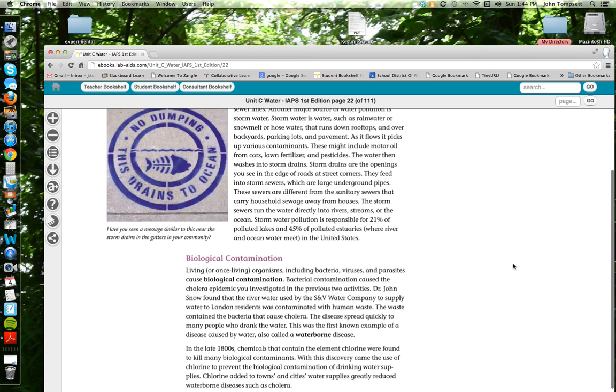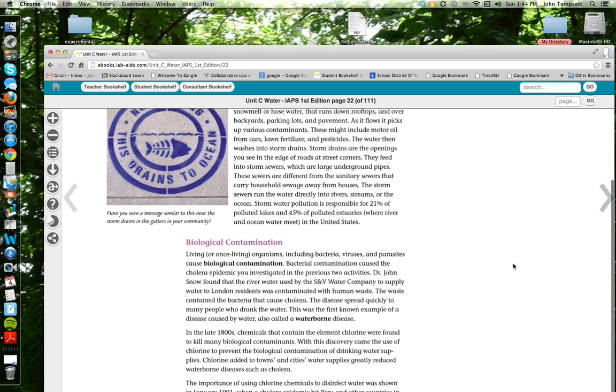Dr. John Snow found that the river water used by the S&V Water Company to supply water to London residents was contaminated with human waste. The waste contained the bacteria that cause cholera. The disease spread quickly to many people who drank the water. This was the first known example of a disease caused by water, also called a waterborne disease.